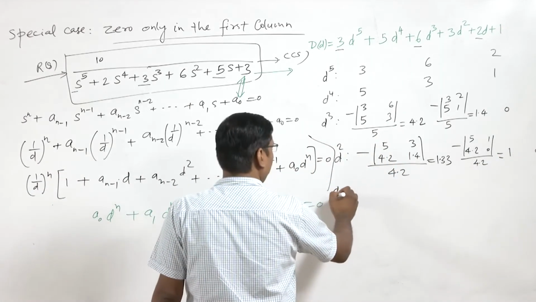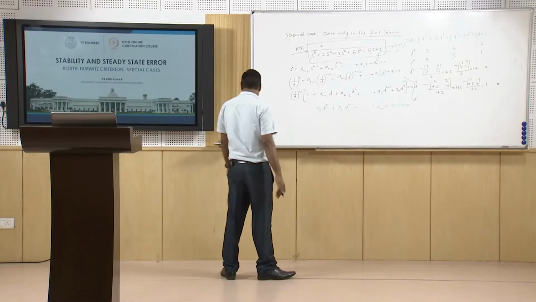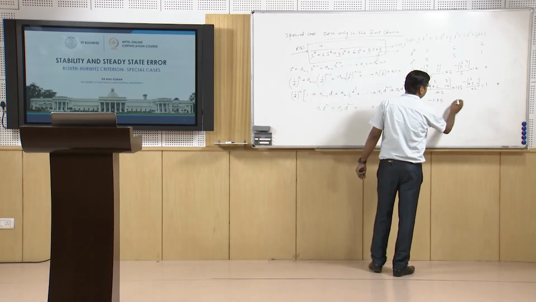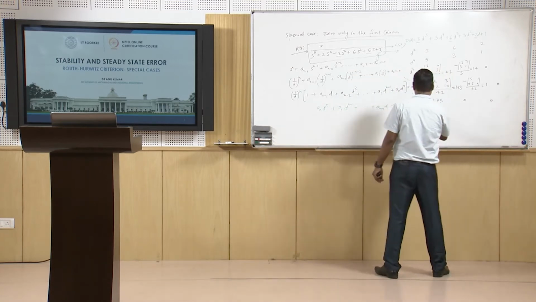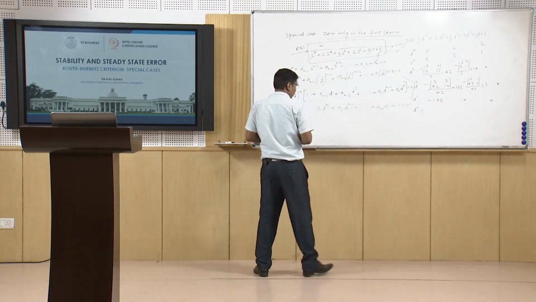Then d1 is equal to minus 1.75, 0 and 0. Then d0 is equal to 1.